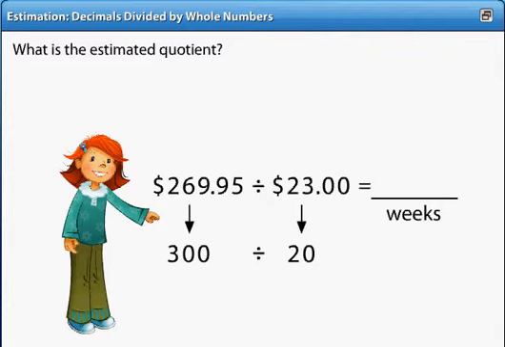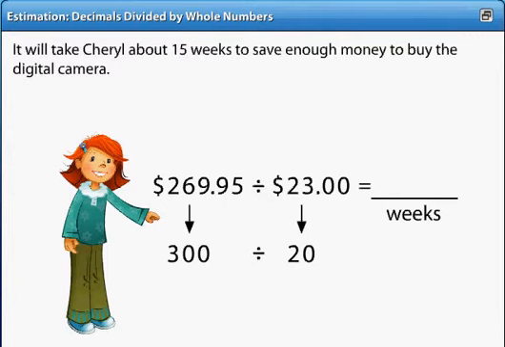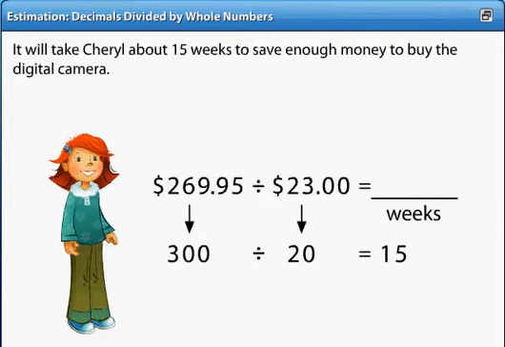Okay, and then add the extra 0 on. So 2 goes into 30 15 times. Okay, put that there, and then add that 0, it'd be 150. Or no, it'd actually just be 15, because zeros cancel each other out. It will take Cheryl about 15 weeks to save enough money to buy the digital camera.